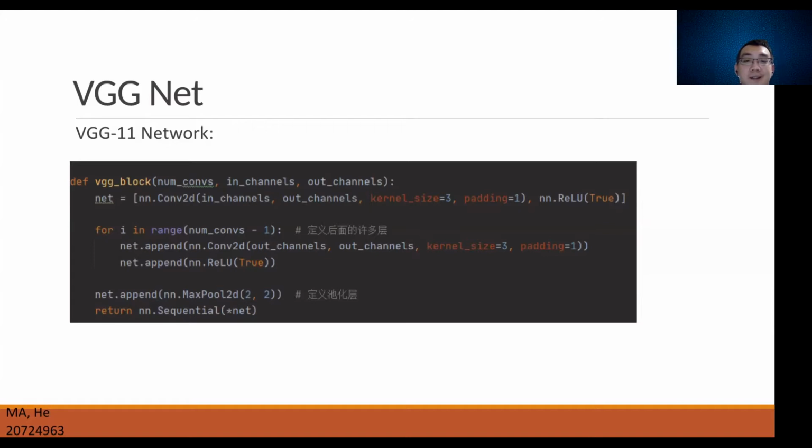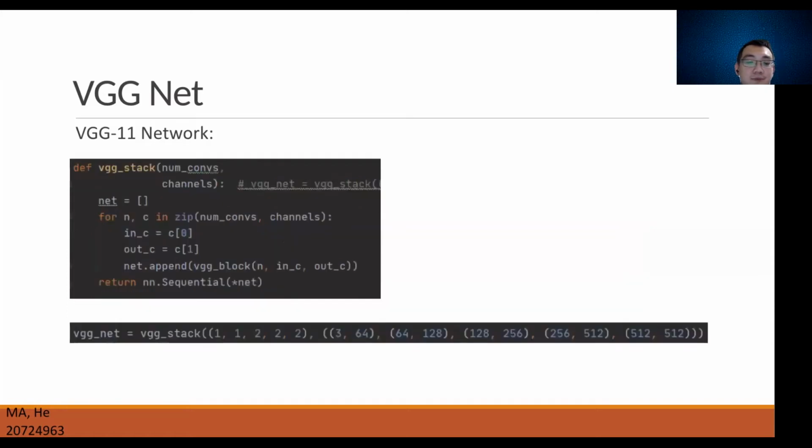So here, I define the basic 3 by 3 small convolutional layer and max pooling unit. According to the structure of a VGG11 network, I set 8 convolutional layers and determine the dimensions of the input and output matrices of each convolutional layer.